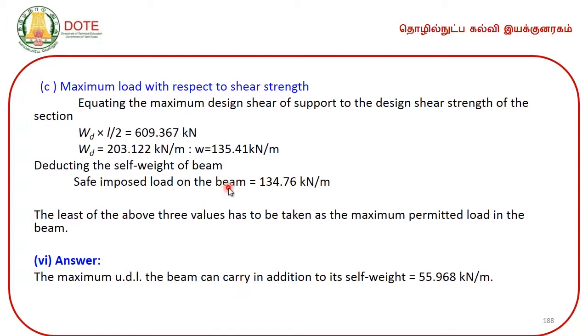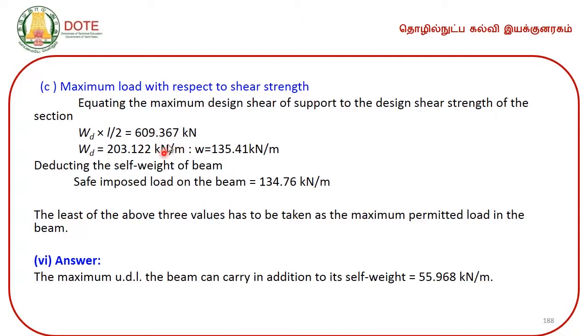And the last one is the maximum load the beam could carry by the shear strength capacity. The actual design shear force is given by this expression WL by 2, or dead load WD into L by 2, that is equal to 69.367 kilonewton.